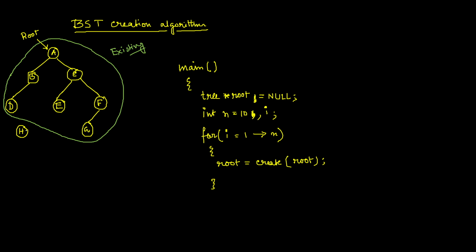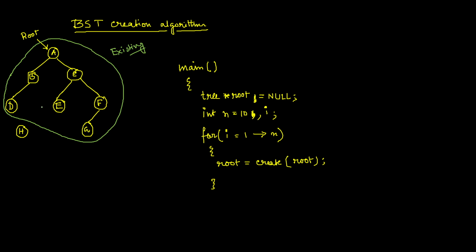With respect to this position of h, which was in the right side of d, I can say that h was lesser than a, even lesser than b, and greater than d. So when h is compared with a, I will see that it's lesser.